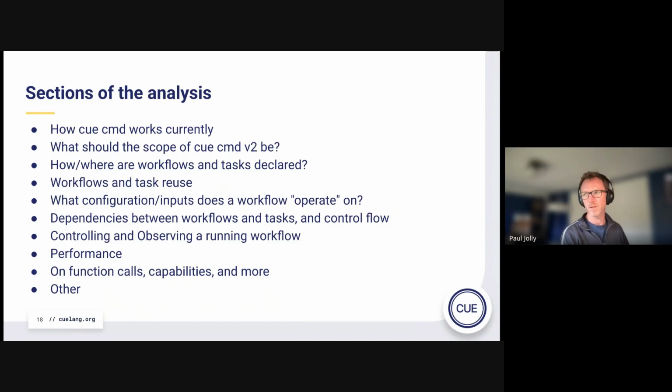Yeah, so I think that's the thing. One of the key parts, brought out in a number of different ways in the analysis, is that the way a workflow declares what its inputs are and what things need to be filled in is not very good right now.